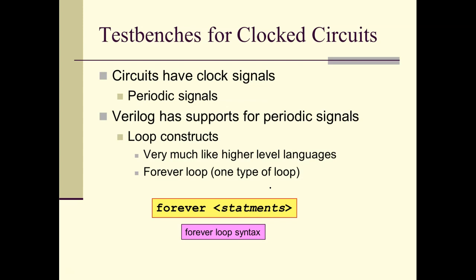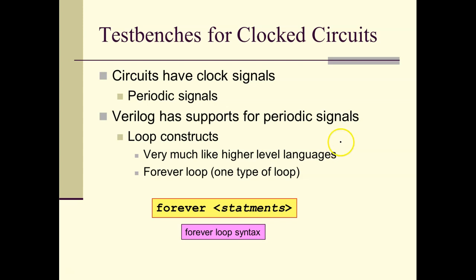What we didn't do in the last set of lectures is generate a clock signal. Typically there's a need to generate some type of periodic signal using Verilog, and it's really nicely done. Verilog has some looping constructs, which are very handy when you do complex testing.